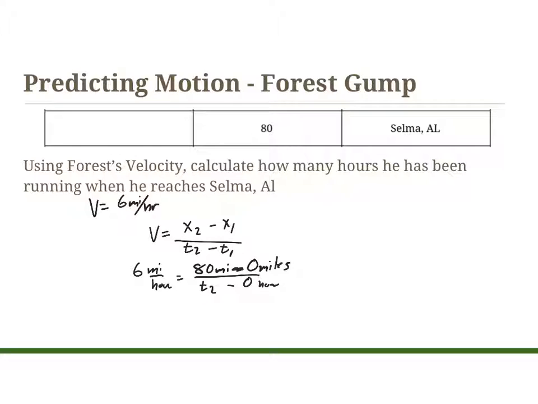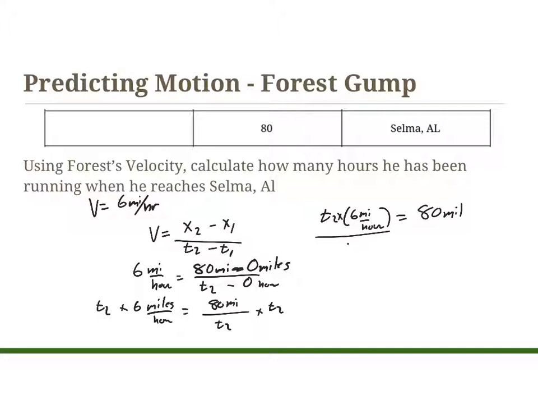So in this case, when I simplify this, I have 6 miles per hour equals 80 miles over t2. So I'm now going to multiply both sides by t2, and that gives me t2 times 6 miles per hour equals 80 miles.